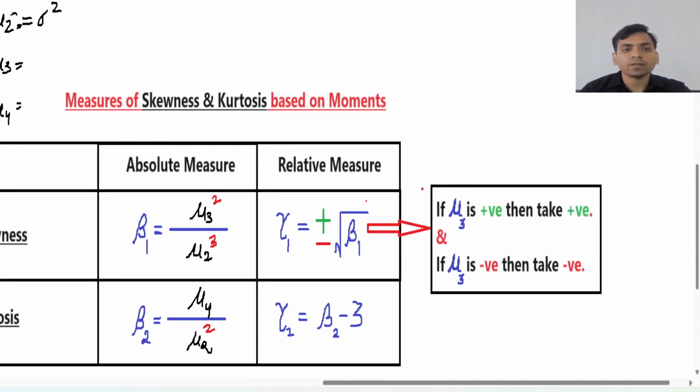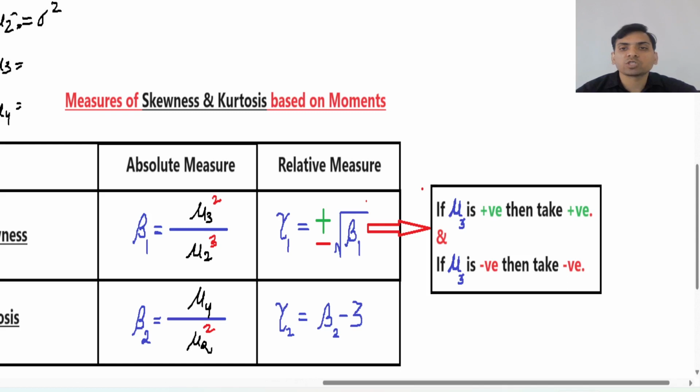And this term is always positive, so we can't identify whether there is positive skewness or negative skewness. So we will use its coefficient, gamma 1. The formula for this coefficient is plus minus root beta 1. Now you can put the value of beta 1 from there, but how will you put plus or minus? This is totally based on the value of mu3.